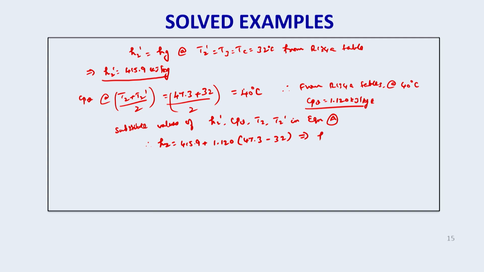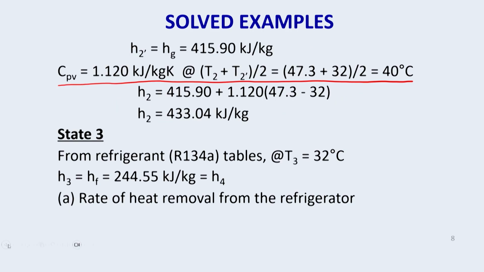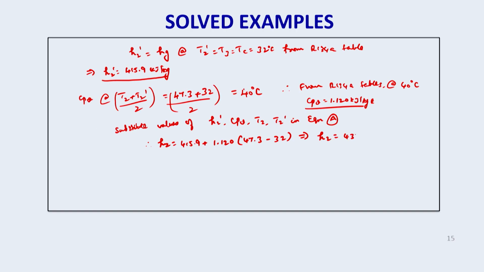So we substitute and we will get 433.04. This is the value of H2, 433.04 kilojoule per kg.